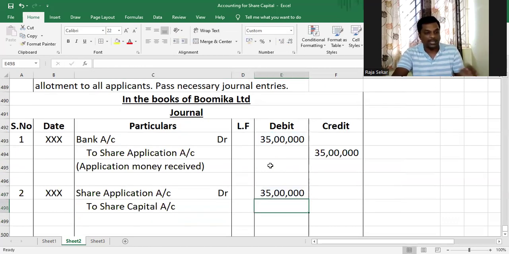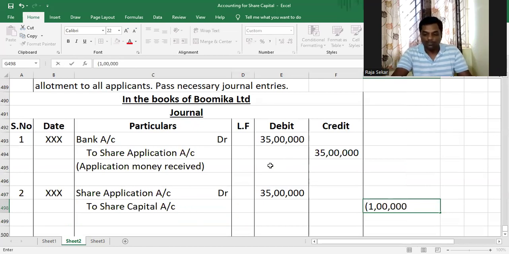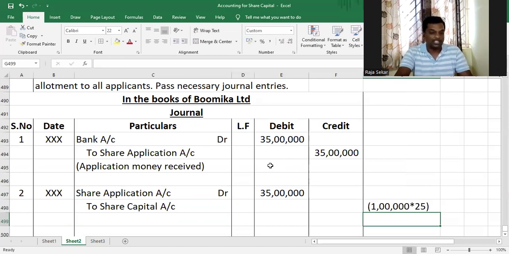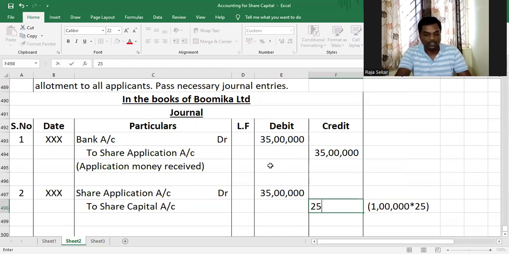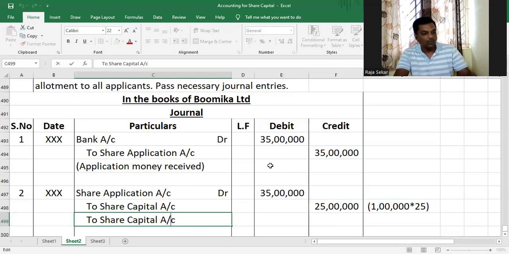We'll always debit share application with the entire amount we credited in the first entry, and share capital account can only be credited with the number of shares allotted multiplied by the application money receivable on the shares allotted. So that is 25 lakhs in this question. And whatever is extra will either be refunded or transferred to share allotment account according to what the question says.